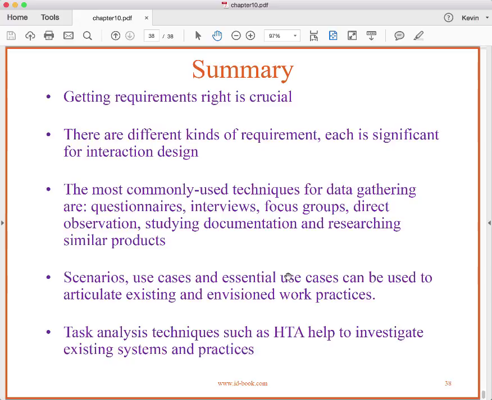And then the last thing that we learned about was task analysis and HTA. So that is it.